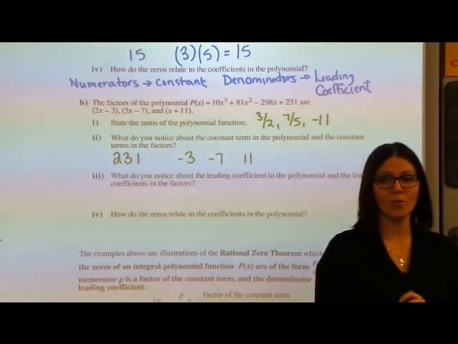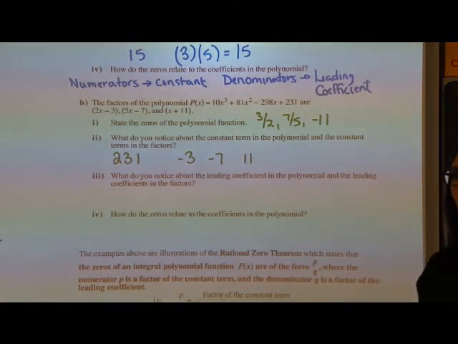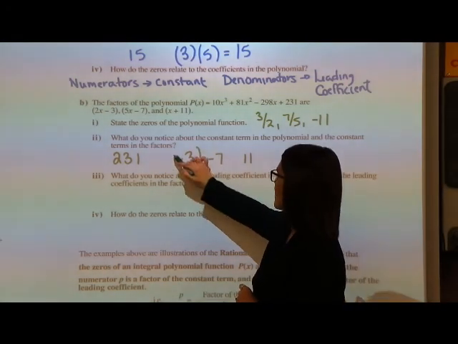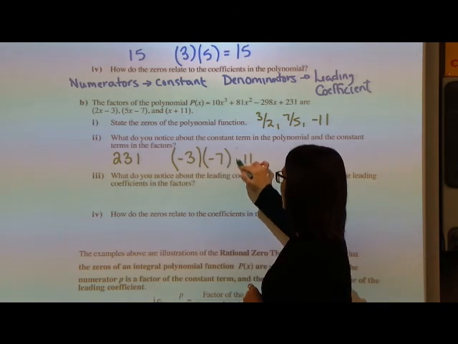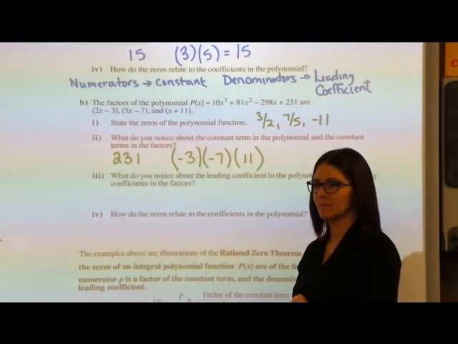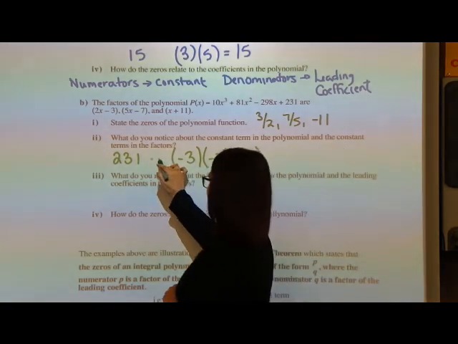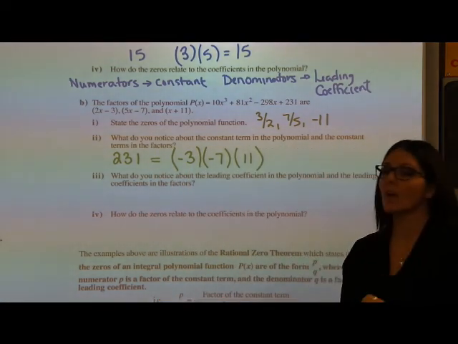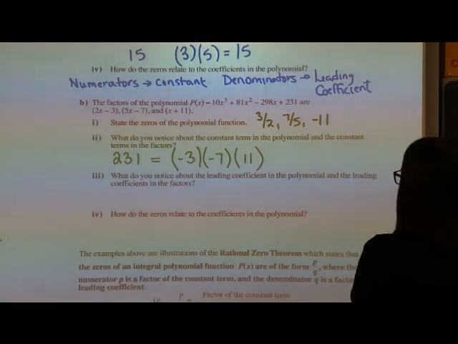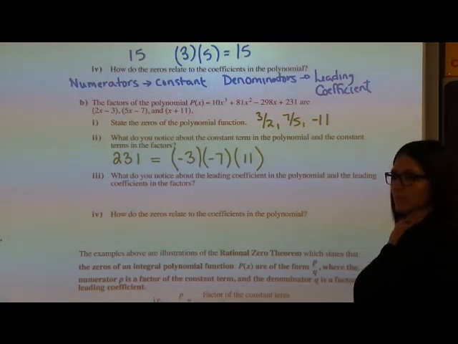And what do I notice about those three numbers compared to the 231? If I multiply them together, it gets me 231. What is the leading coefficient of this polynomial? 10.